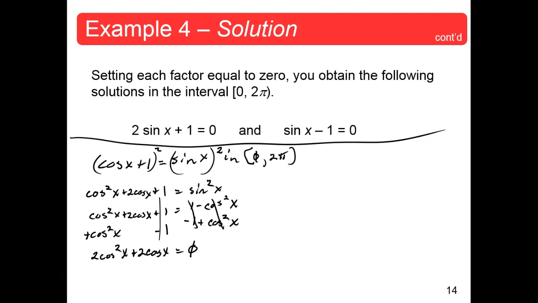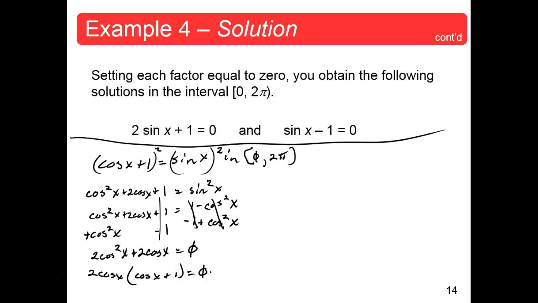Pull out a common factor. What do you see as a common factor? 2 cosine x. And what does that leave you with? Cosine x plus 1. And that's equal to 0.